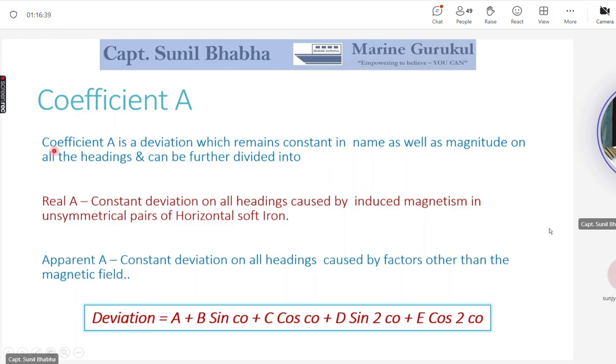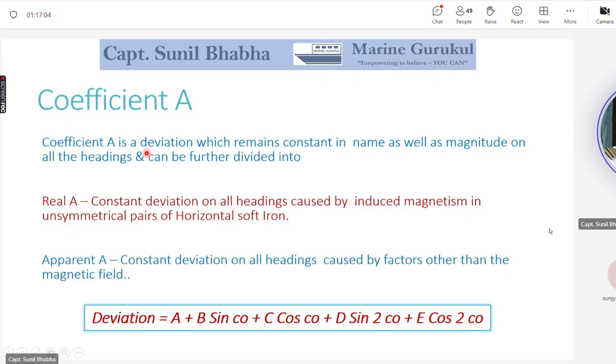Now, if you remember the formula which I had shown you, the formula for deviation, in that formula we saw that this coefficient A is not connected with the ship's course in any way. Indirectly, that means that whatever be the course of the ship or whatever be the heading of the ship, the value of coefficient A is not going to change.